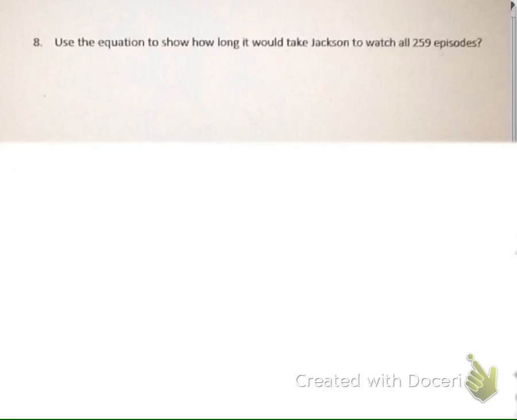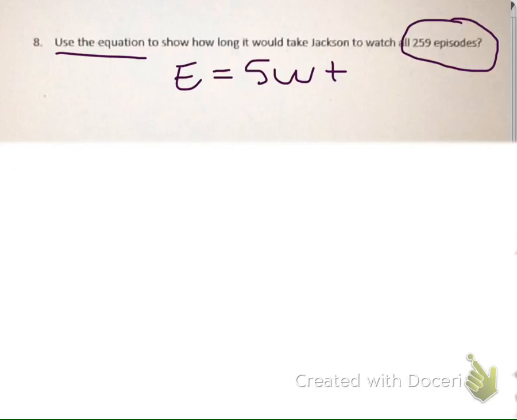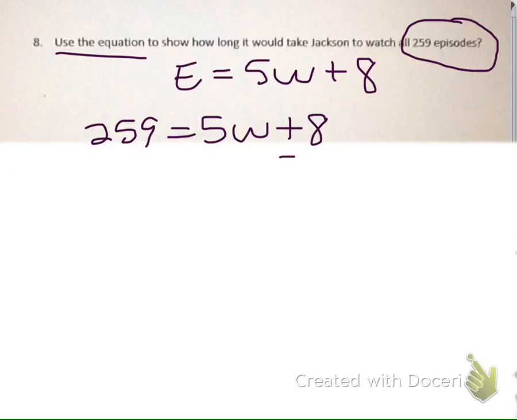Okay, now 8 says to use the equation to find out how long it would take, so how many weeks it would take to watch 259 episodes. So again, here's my equation. And they gave me episodes, which is E. So I'm going to put 259 in for episodes and solve for W. Okay, first thing I need to do is subtract 8 on both sides.